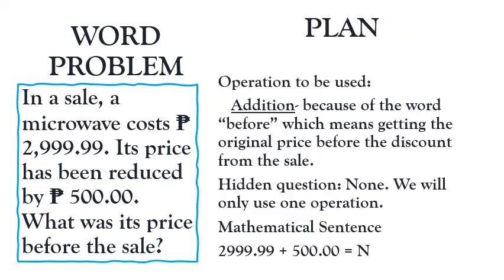Plan. Operation to be used: addition, because of the word before, which means getting the original price before the discount from the sale. Hidden question? None. We will only use one operation. Mathematical sentence: 2,999 and 99 hundredths plus 500 equals n.